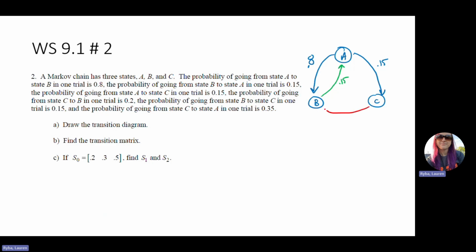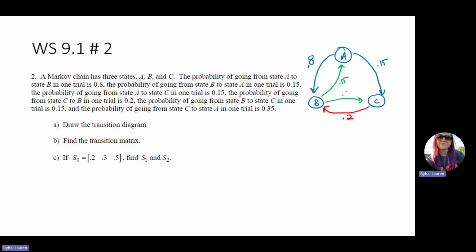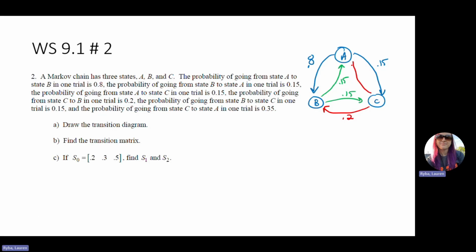So coming out of C to B, 0.2. The probability of going from B to C is 0.15. So coming out of B, I made green, 0.15. And the probability of going from C to A is 0.35. C to A, 0.35.